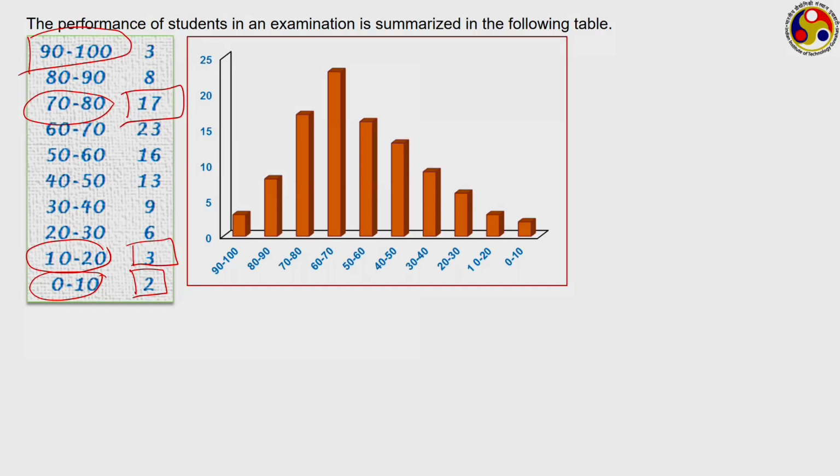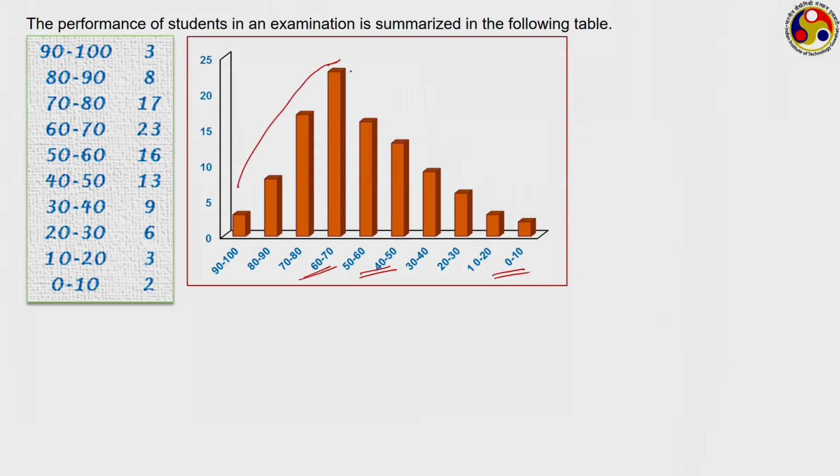Now, if we represent them in a column chart like this, where each of the column corresponds to one of the groups, like this one corresponds to this particular group, this number 13, and accordingly we can see, from the chart also, from the initial data table also it is shown, between 60 to 70 the maximum number of students have got the marks, and on either side of this we can see a nice distribution, that is the number of students appearing in a group is highest here, then is decreasing on this side, it is going down on this side as well.